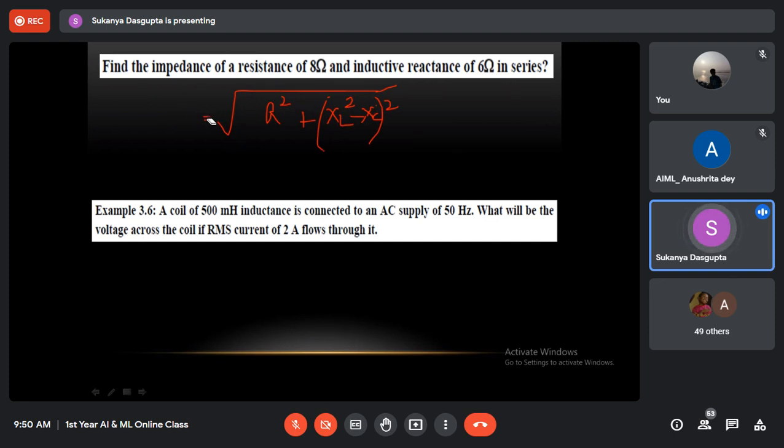First you draw the circuit. Pure inductive circuit connected across AC source.